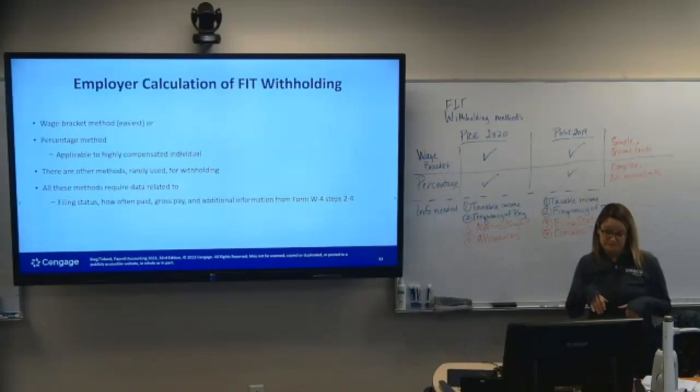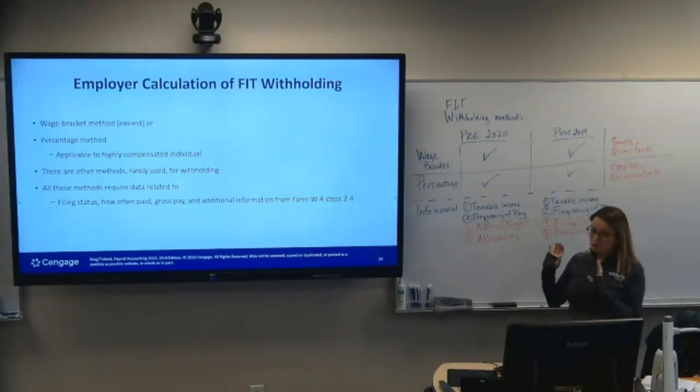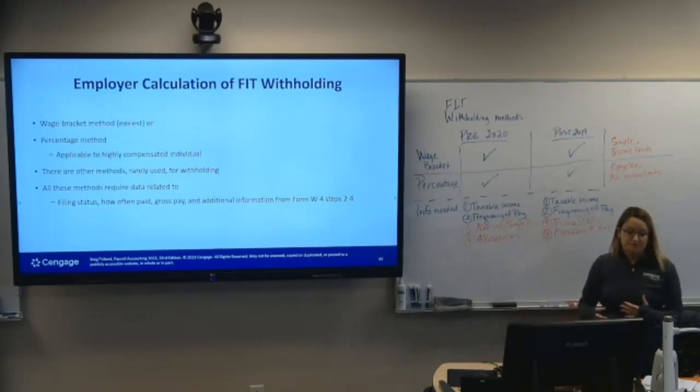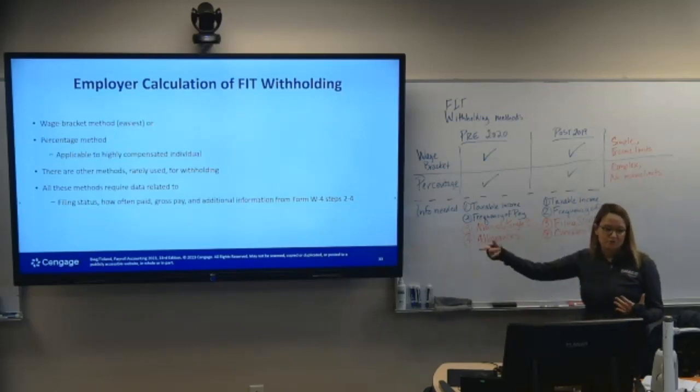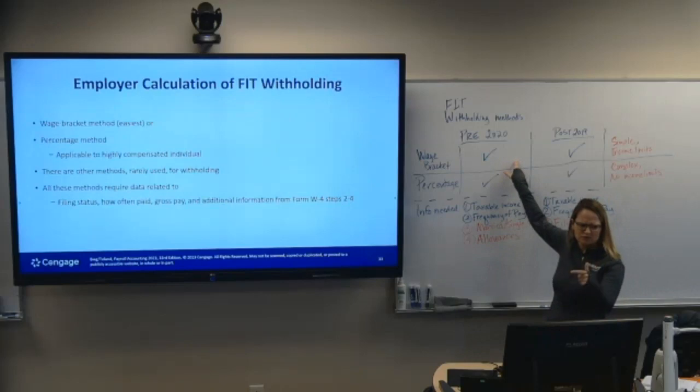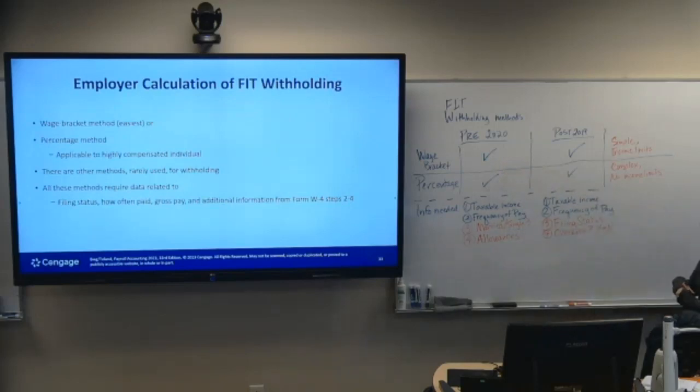You just have to look at the table to see, presuming you've got the correct table that you're looking at, if my income level goes over that, I can't use this wage bracket method anymore. And we'll look at that table. I'll show you. I think I did give you a little preview before we left for spring break on that. So it's easy to use, but there are limits to it.